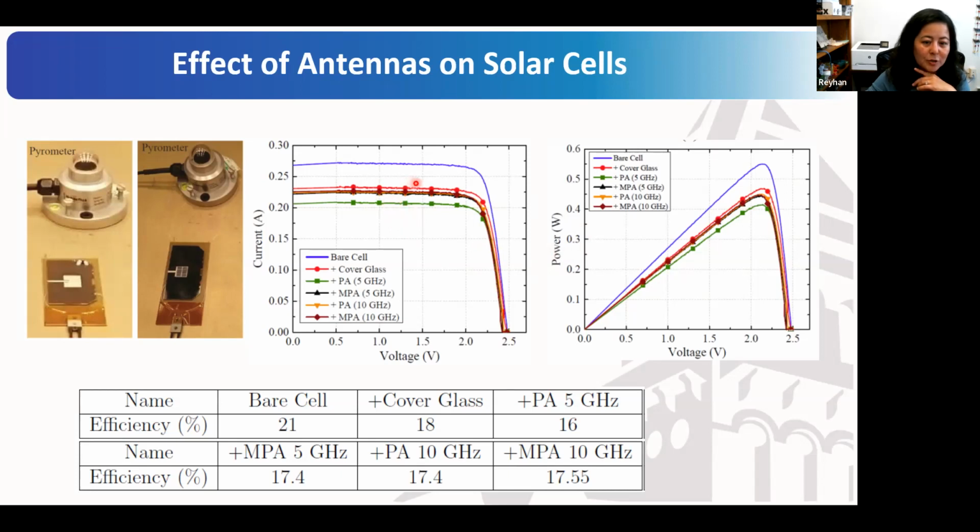The rest are transparent. The transparent antenna in this one has only 70% transparency. We also have results for 90% transparency. A 90% transparent antenna will not affect the solar cell efficiency by more than 3%.